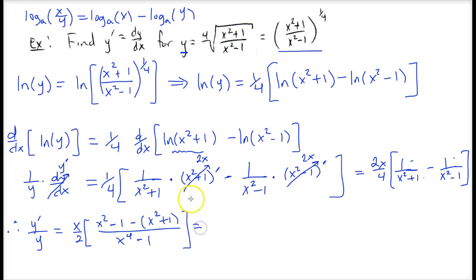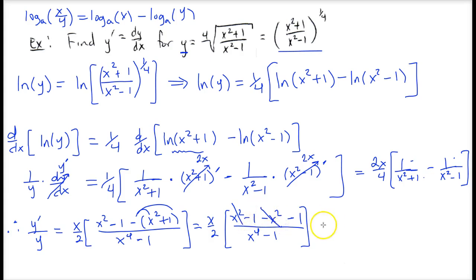And continuing on the right side, I know that if I distribute here, I'm going to have x squared minus 1 minus x squared minus 1 all over x to the 4th minus 1. And these x squareds cancel to 0.